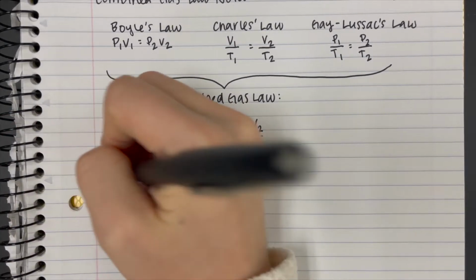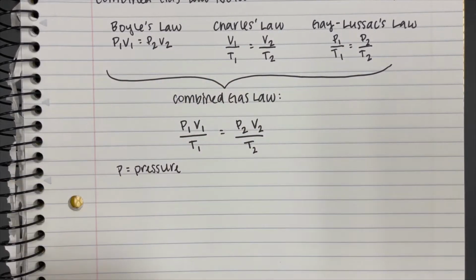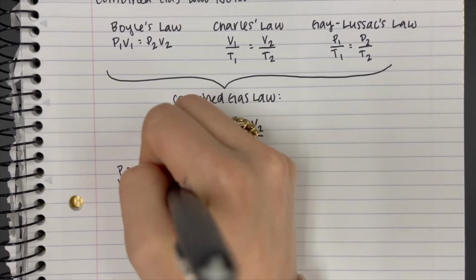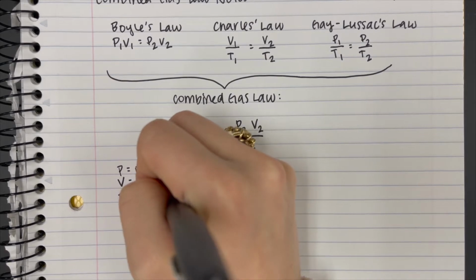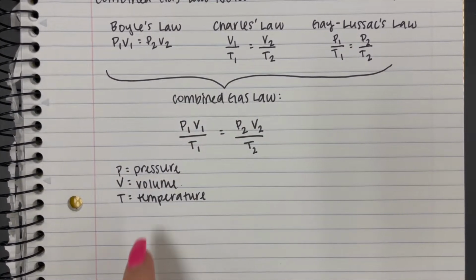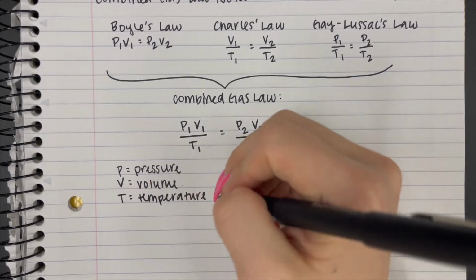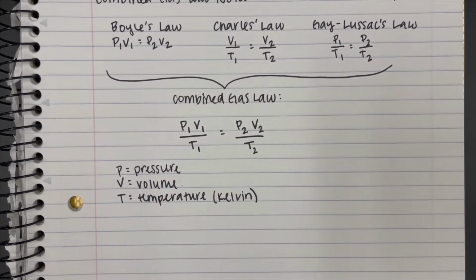Our capital P is our pressure, our V is volume, and our T is temperature. Anytime we use temperature in chemistry, we always want it to be measured in Kelvin. Even if it's in Celsius, we always want to convert it into Kelvin right away.